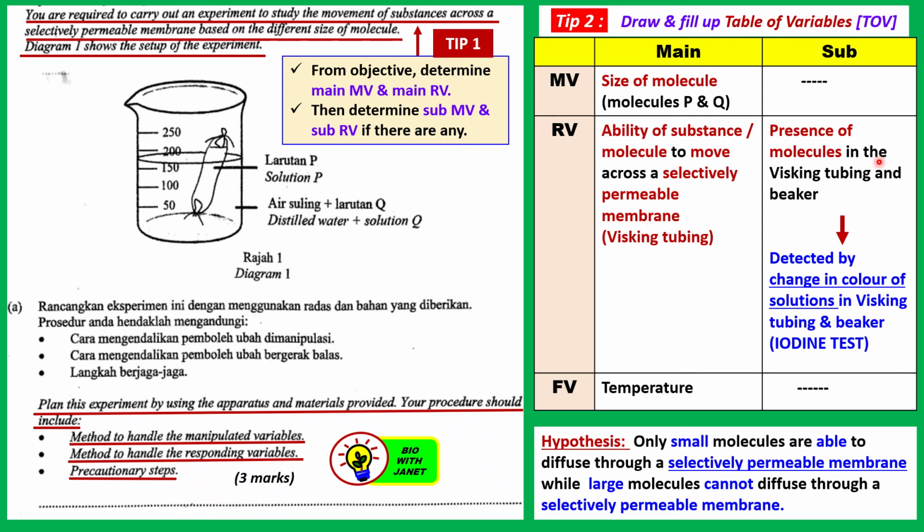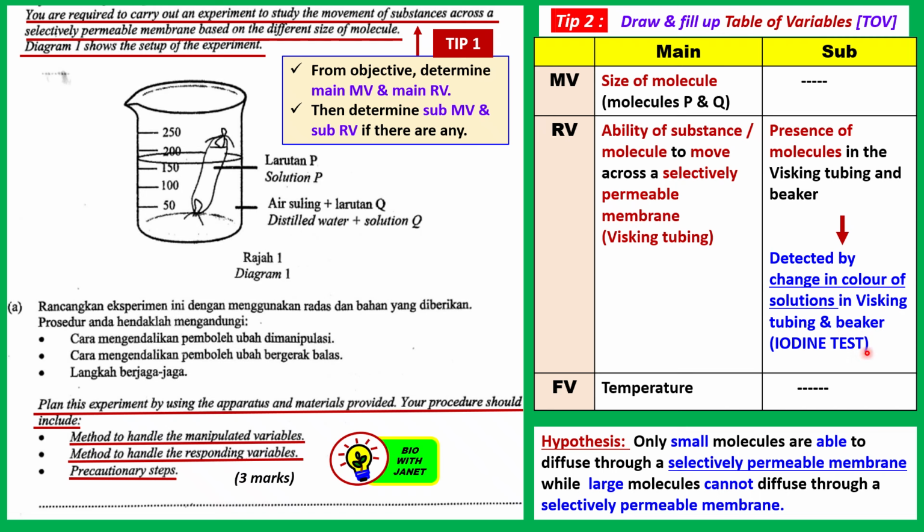How are we going to detect the presence of these molecules? You have to detect it by using a test. In this case, the iodine test is used. So the presence of the molecules P and Q are detected by the change in color of the solutions in Visking tubing and beaker, by using the iodine test.